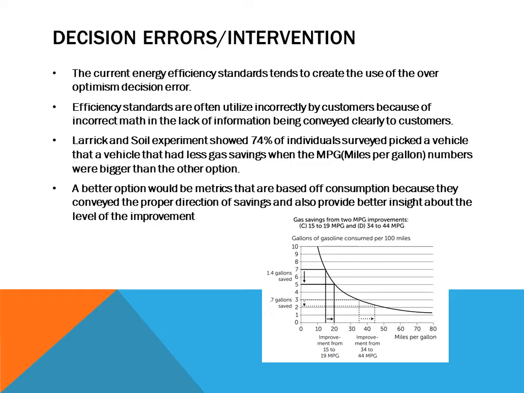When it comes to the use of current energy standards, over optimism likely occurs in this context because efficiency standards are often utilized incorrectly by customers, because the math that is done is incorrect and because of the lack of information being conveyed clearly to customers.